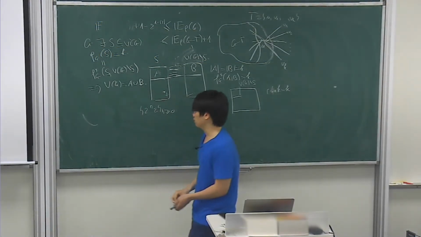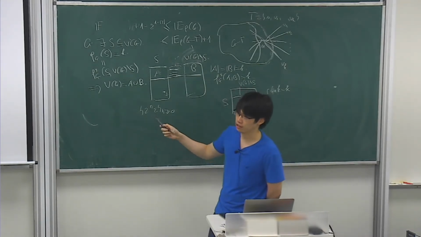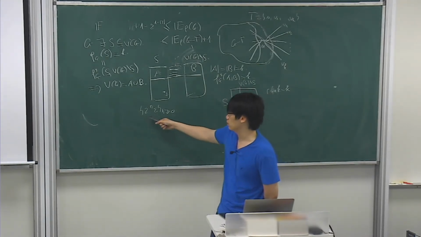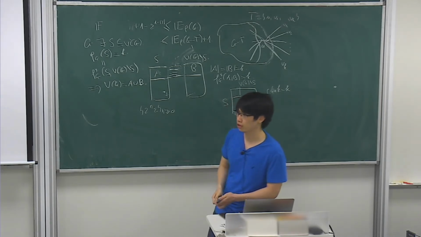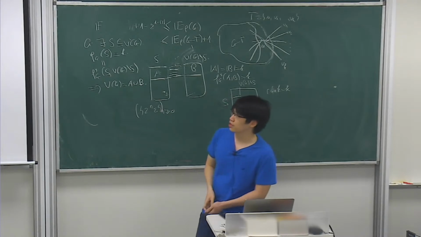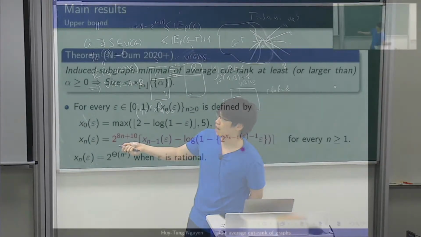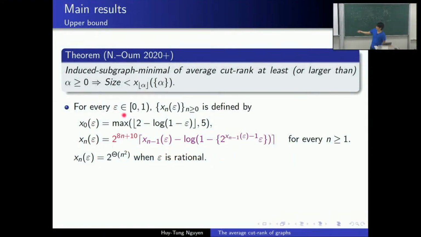There is a result saying that for almost every epsilon in 0 to 1, this sequence is equidistributed. So in this case, for me, it is kind of difficult to obtain a bound on the sequence because of this fractional part. Okay.